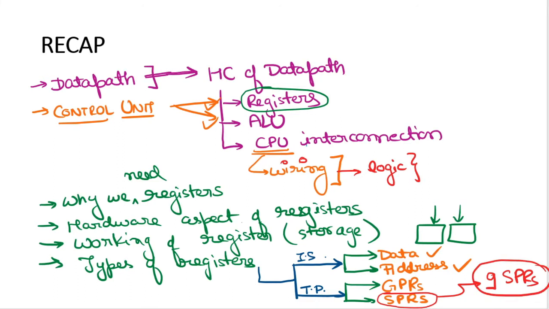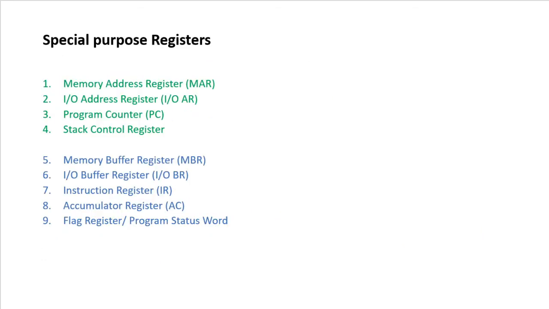Okay, so let's start our discussion from here. These are the basic 9 types of special purpose registers: memory address register, IO address register, program counter, stack control register, memory buffer register, IO buffer register, instruction register, accumulator register, flag register. So all of these, no need to worry, we will be discussing all of them in great detail.